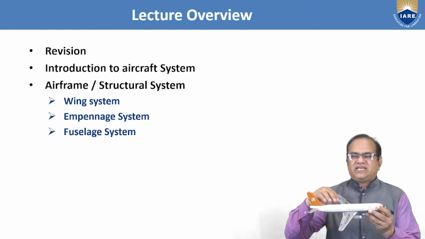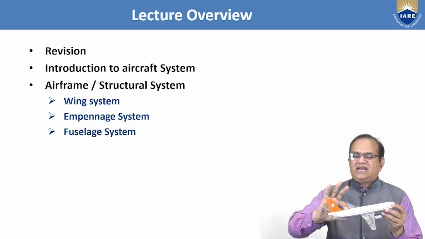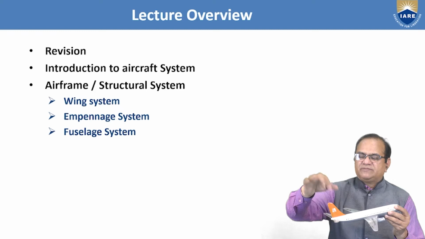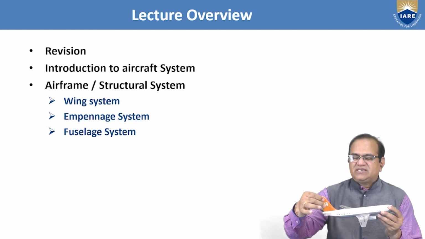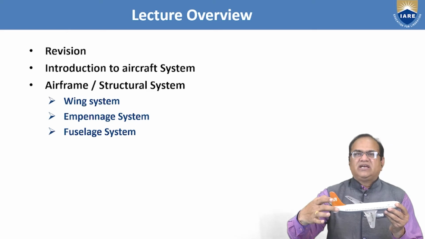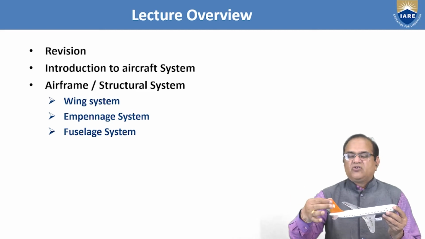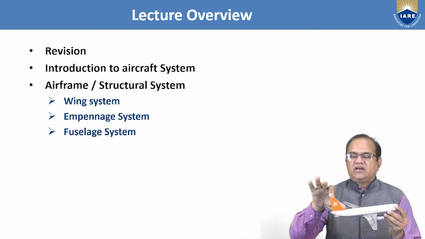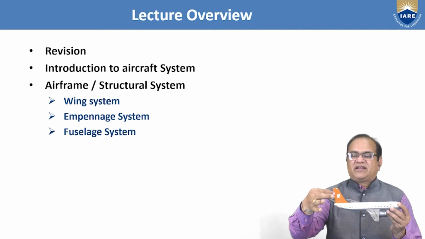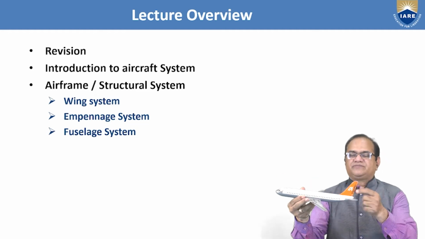Then the second is the empennage, the tail, from here to here: the vertical fin or vertical stabilizer, and the horizontal stabilizer. The horizontal stabilizer consists of the elevator and the trims also. The vertical stabilizer or fin consists of the vertical stabilizer plus a rudder. This is the rudder.